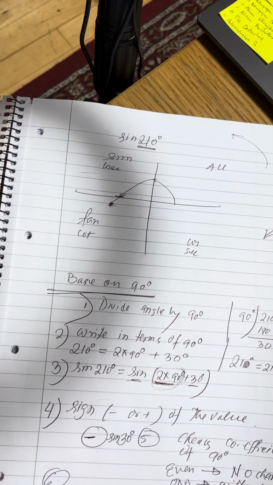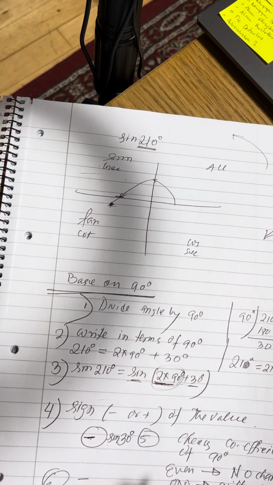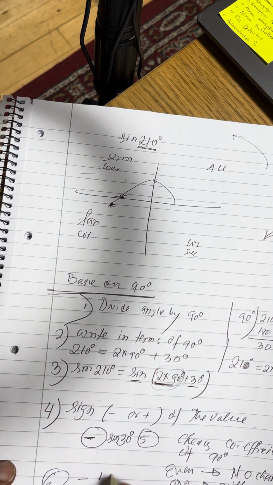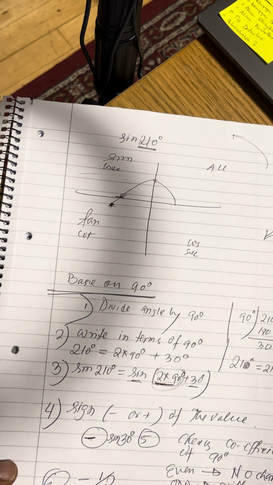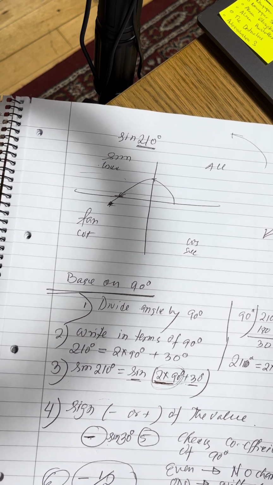It's very simple now. You have negative sine 30, and the value of sine 30 is half. So sine 210 is nothing but minus half. Any questions? Make sense?